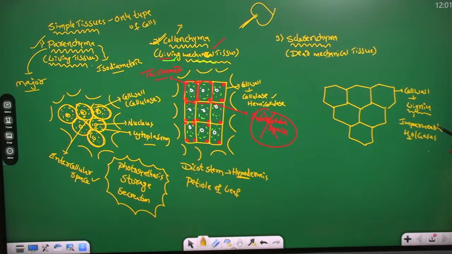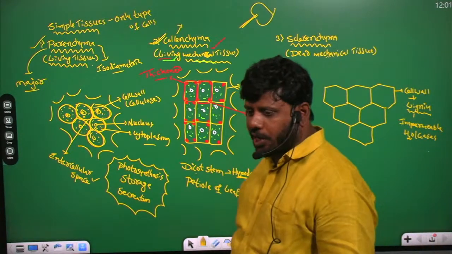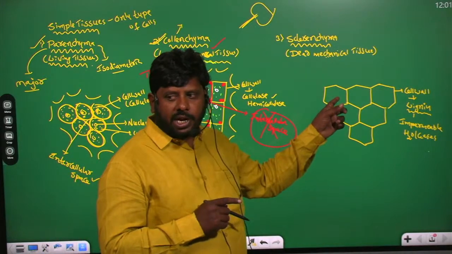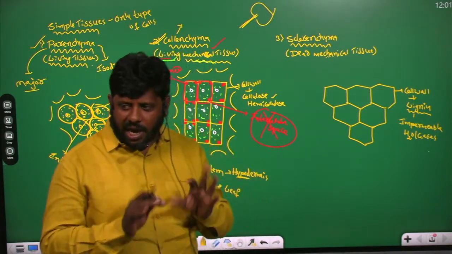But here, because lignin is impermeable to water and gases, the internal contents, cytoplasm and nucleus, are absent.